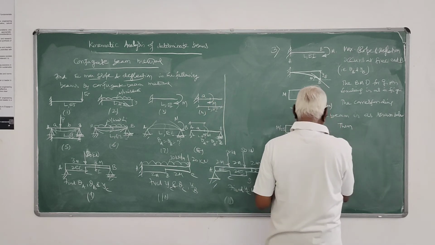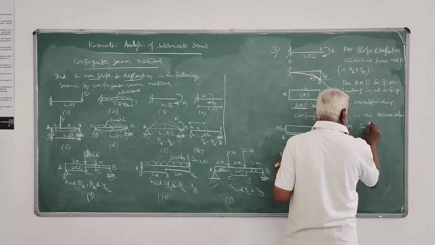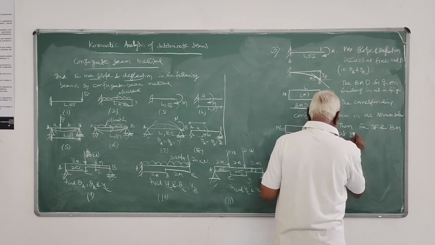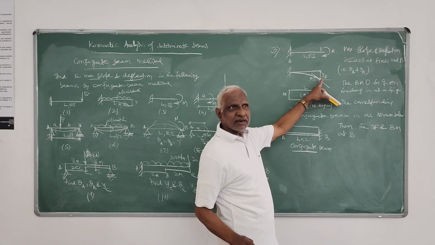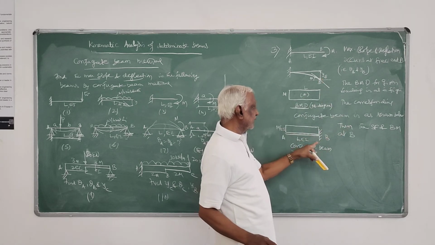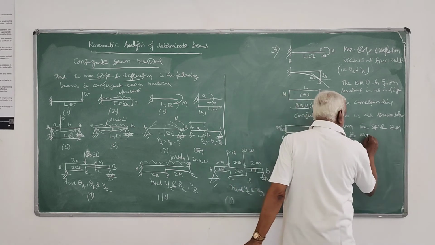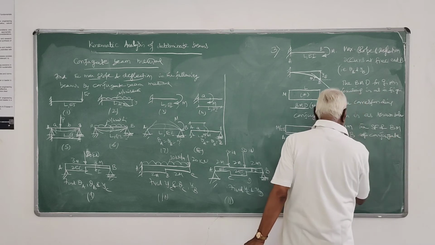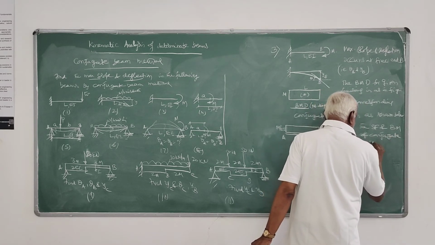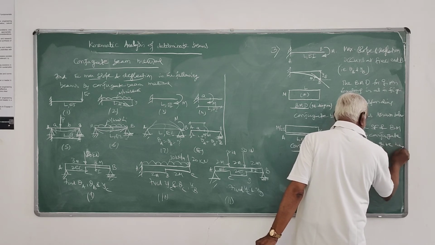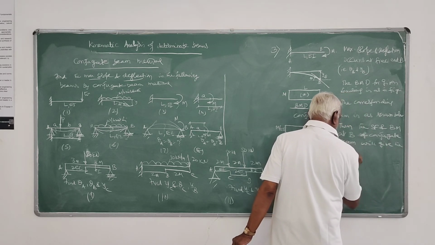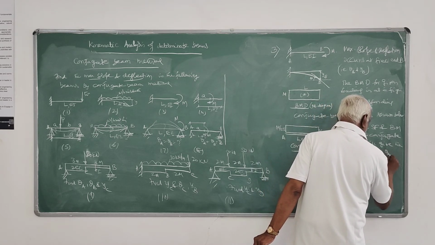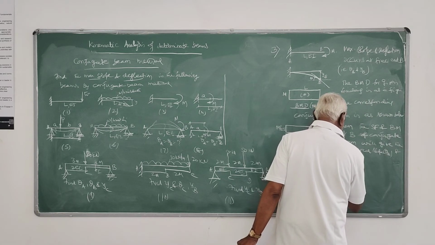Then, as shown in the figure, the shear force and bending moment at B, where we have to determine slope and deflection. The shear force and bending moment at B of the conjugate beam will be the required slope theta B and deflection.